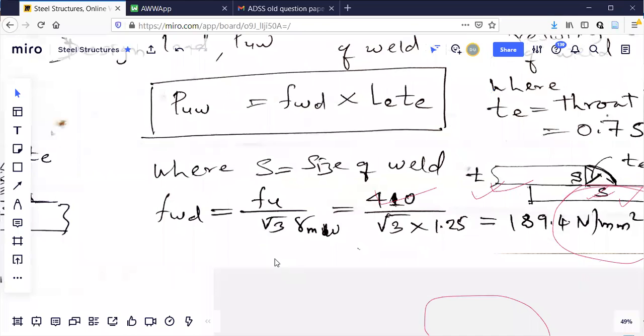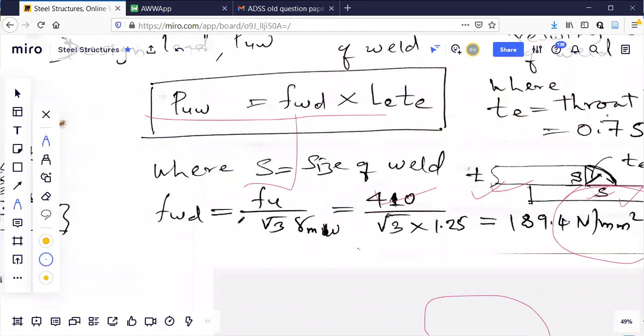Okay. See here. Now the basic formula for this one is resistance offered by the weld is this. In this one, FWD is this one. This is FWD. Now this is Fu by root 3.